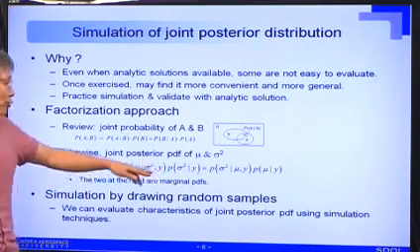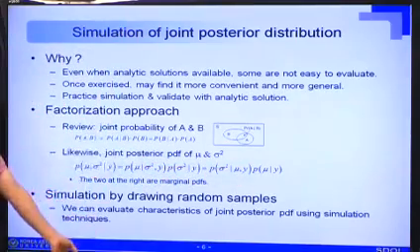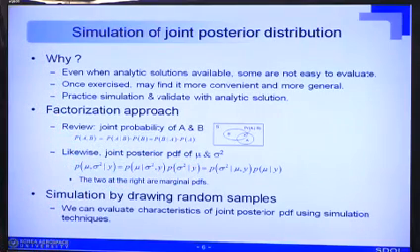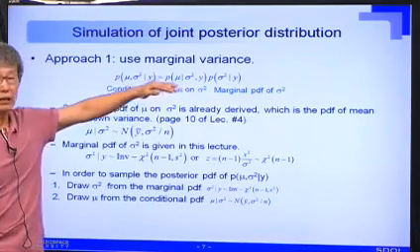And you will see this is the marginal distribution, and this is the conditional distribution, or the likelihood. And we will proceed with the simulation process based on this equation. At first, I will use approach 1, which is to use the marginal variance, the first equation I showed you.